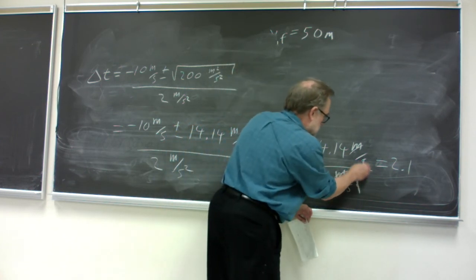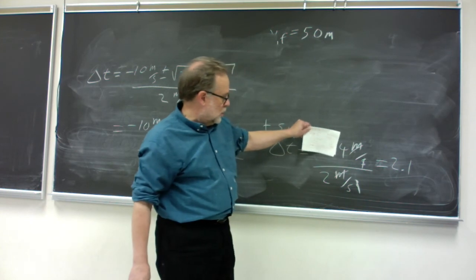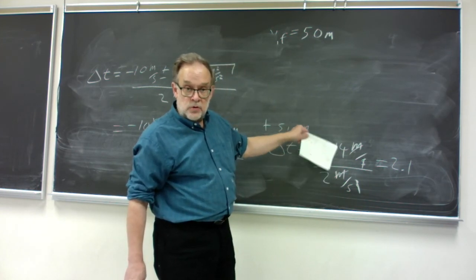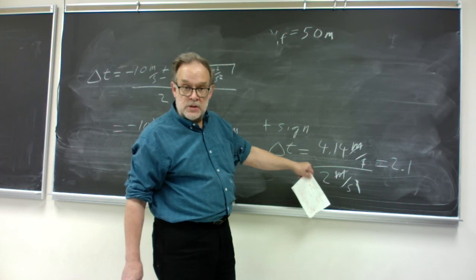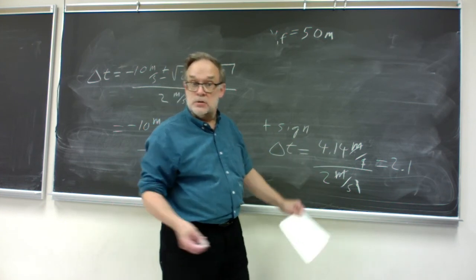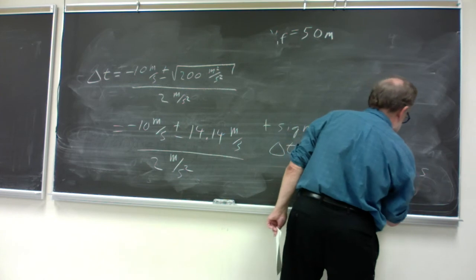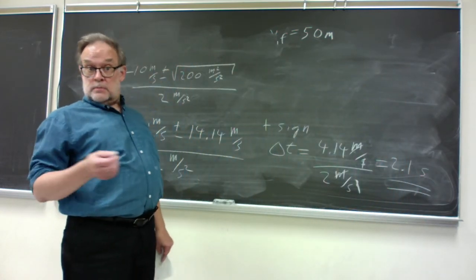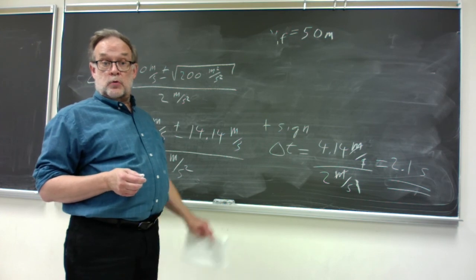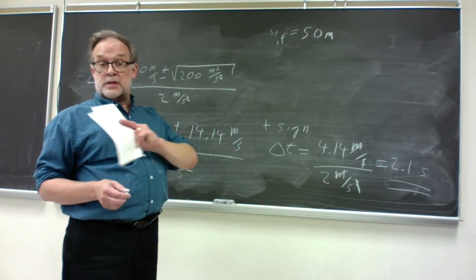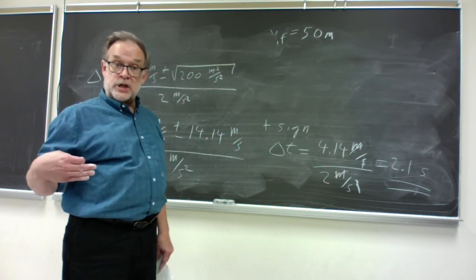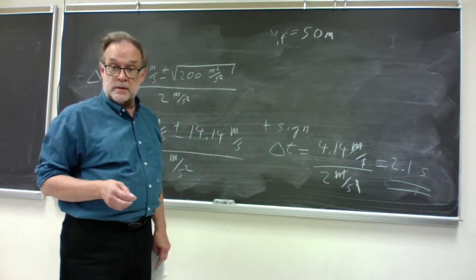So you have here 1 over 1 over seconds, the inverse of the inverse of seconds, or seconds, just as we're supposed to. So there's our answer. It took 2.1 seconds for the car to accelerate those 50 meters when it had started at a speed of 20 meters per second.